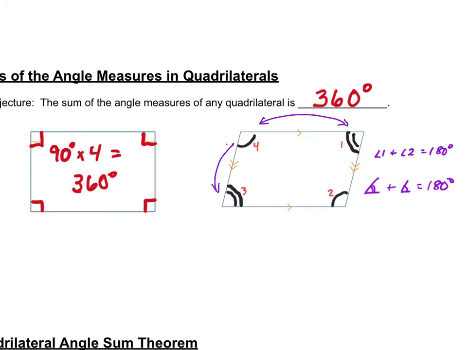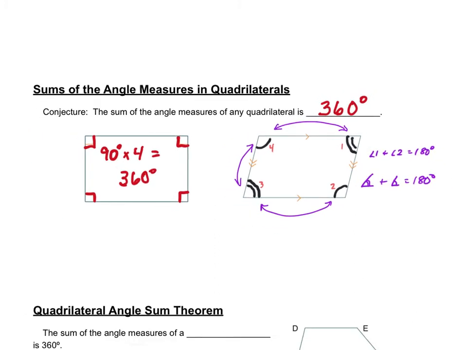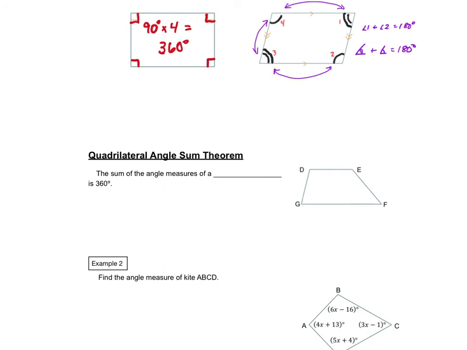These 2 angles right here would add up to 180, or these 2 angles right here would also add up to 180 degrees. And so there it is. There is that sum theorem, the quadrilateral angle sum theorem: the sum of the angle measures of a quadrilateral is equal to 360 degrees.